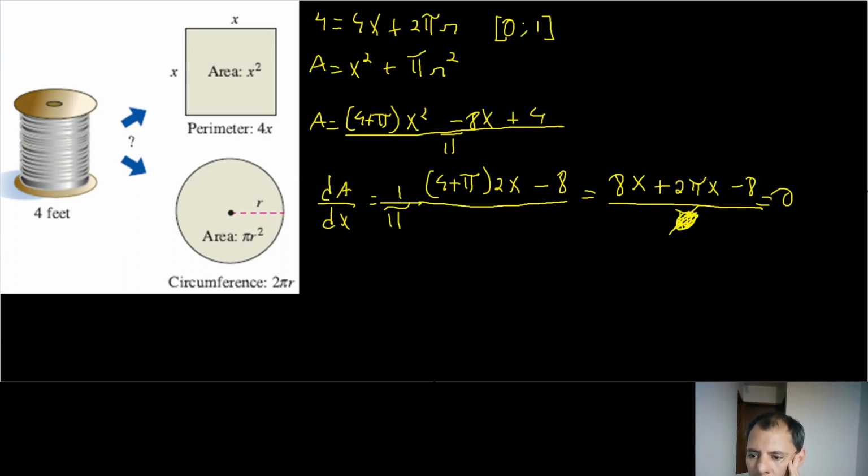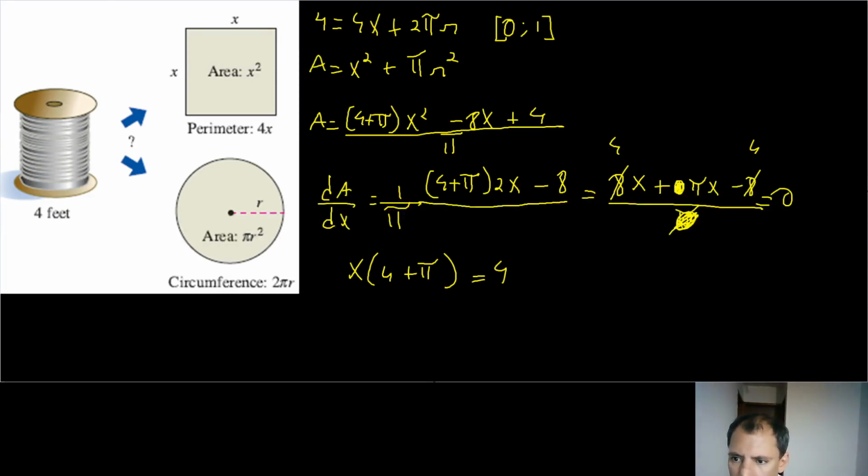So cross multiplying, you can get rid of that. Dividing everything by 2, you got a 4 here. This goes away. Here you have a 4, okay. So you gotta isolate the x. So you still have 4 plus pi, equals 4. x equals 4 divided by 4 plus pi.